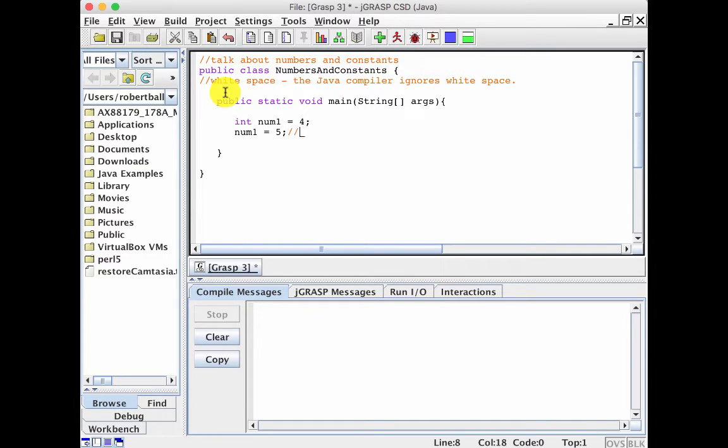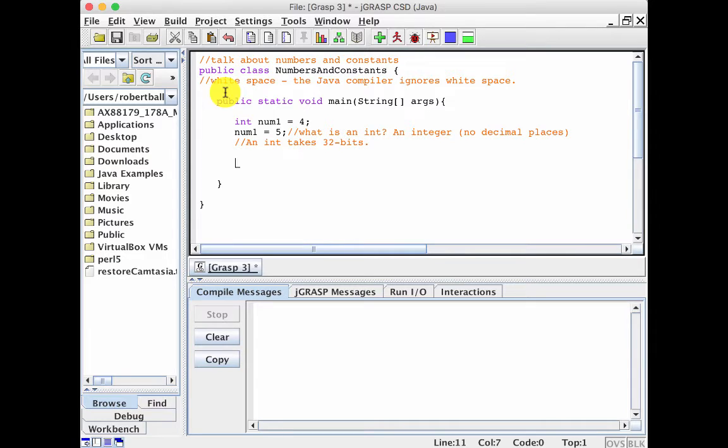And what is an int? It is an integer, no decimal places. It also takes up, an int takes 32 bits.